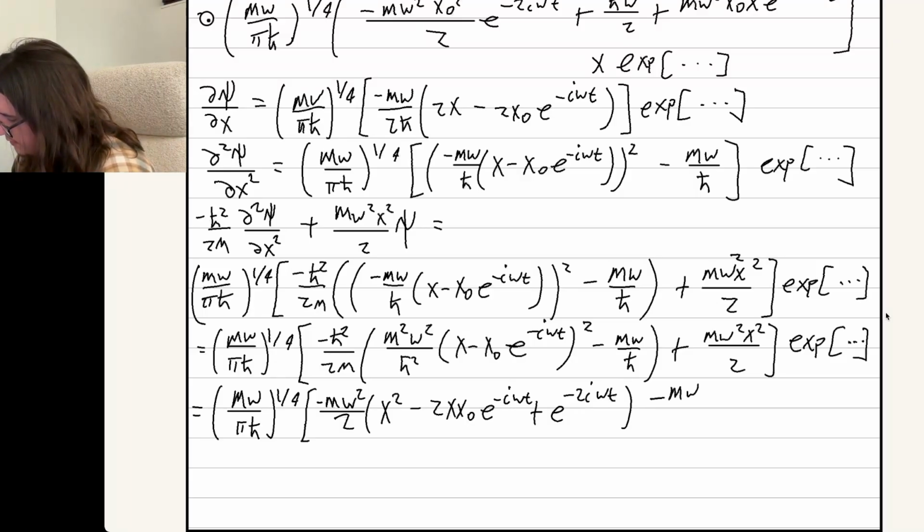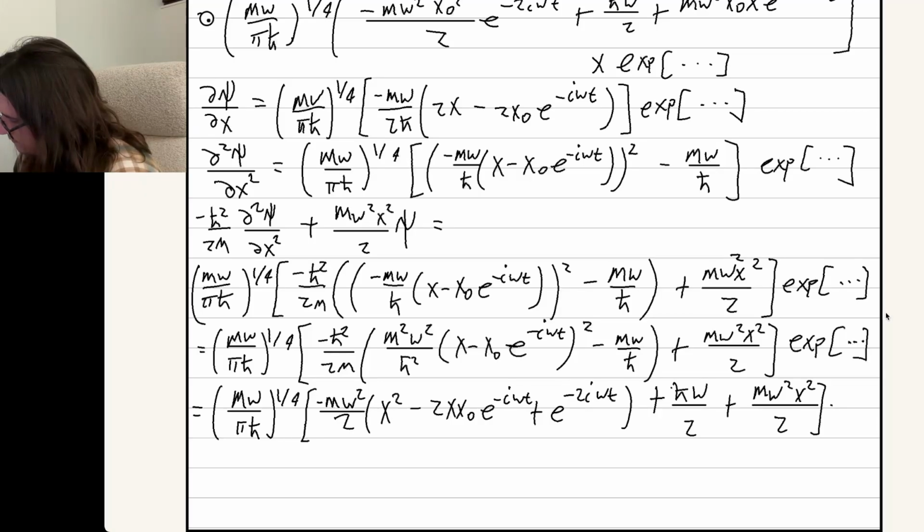Minus m omega, or actually this is going to change to just h bar omega over 2 with a plus sign because there's a minus sign on that. And that's still plus m omega squared x squared over 2 times the exponent.